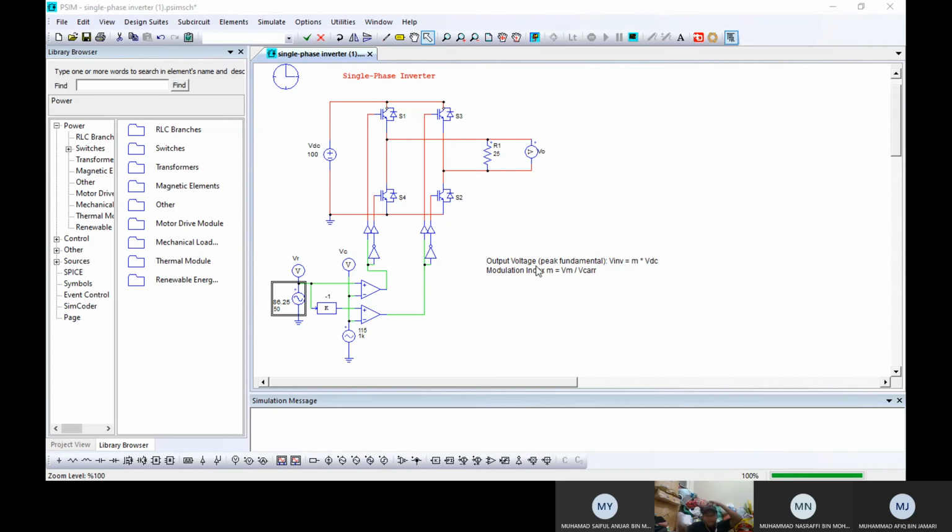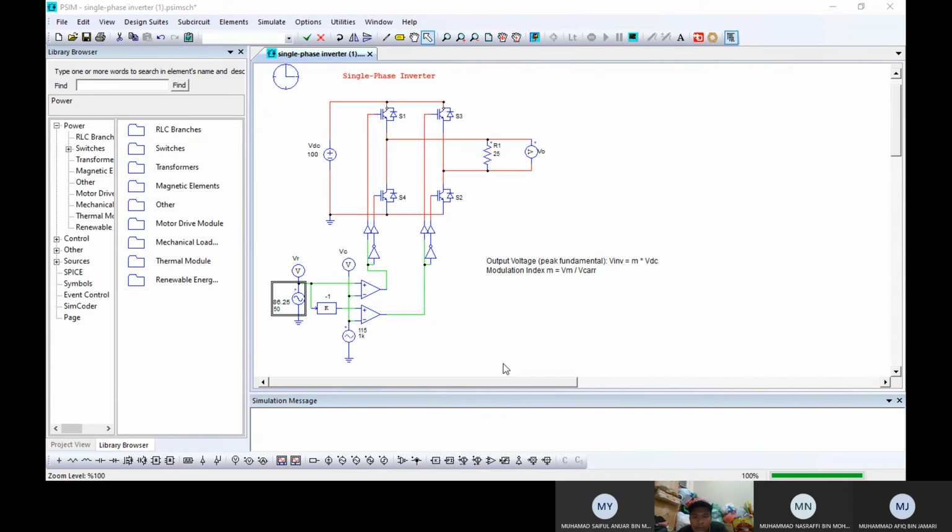For question B, we want to see the Vout or PWM waveform based on question A. What we need to do is open a new window to display the waveform.